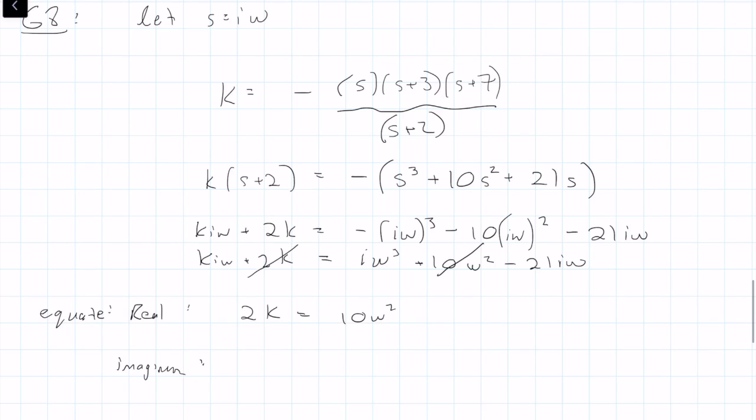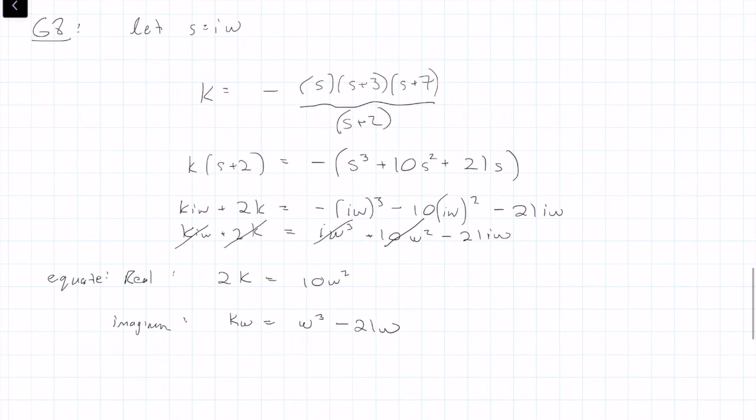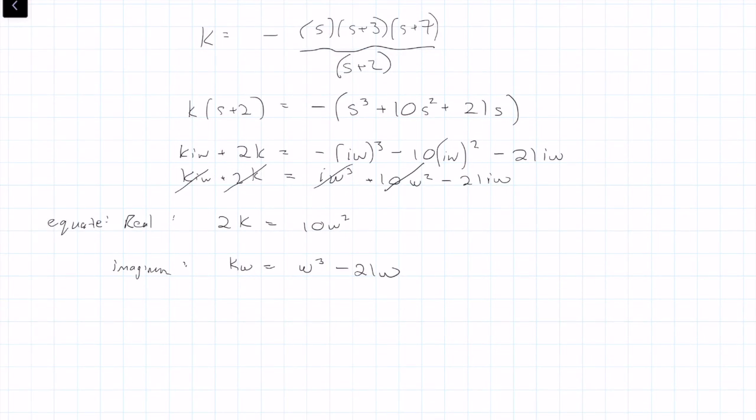The imaginary is K omega is equal to omega cubed minus 21 omega. Now I can say that K is equal to 5 omega squared.